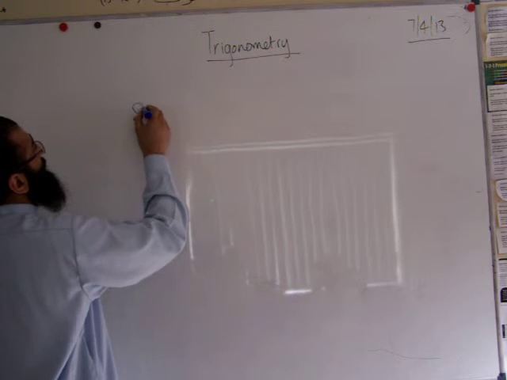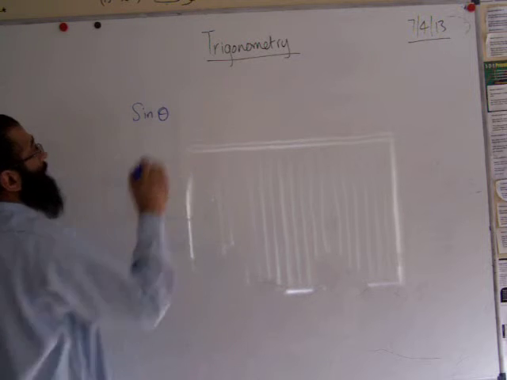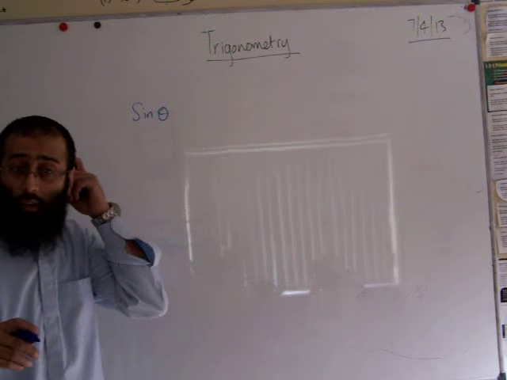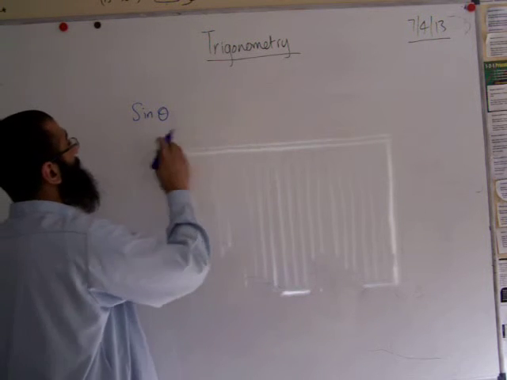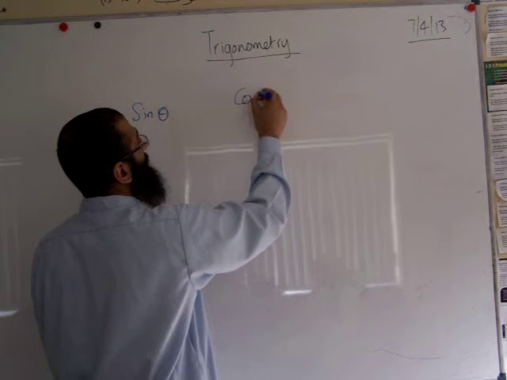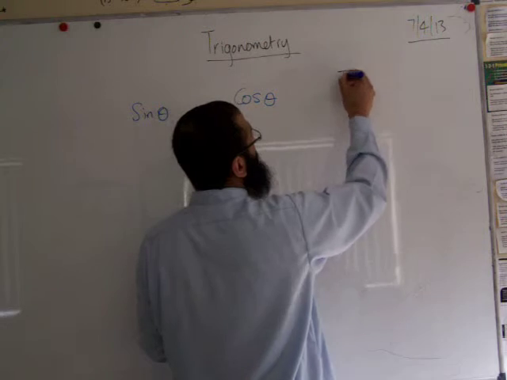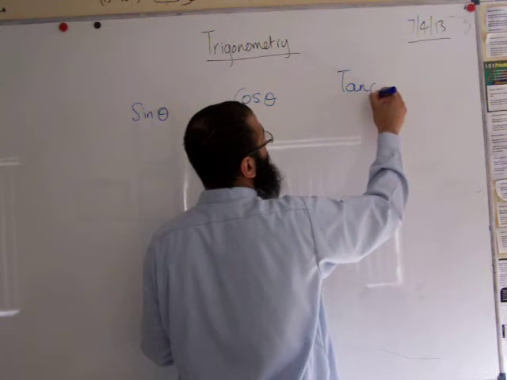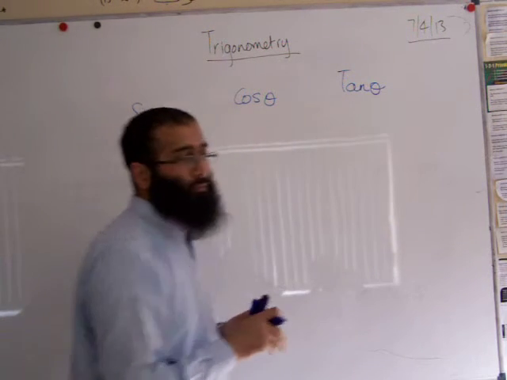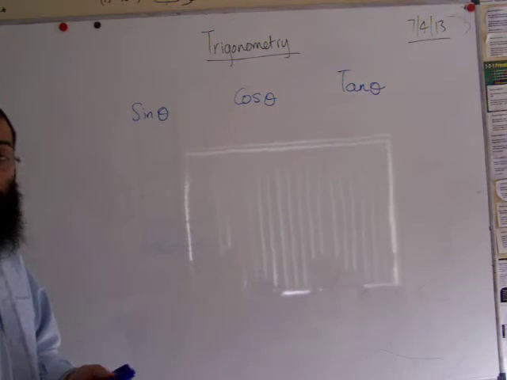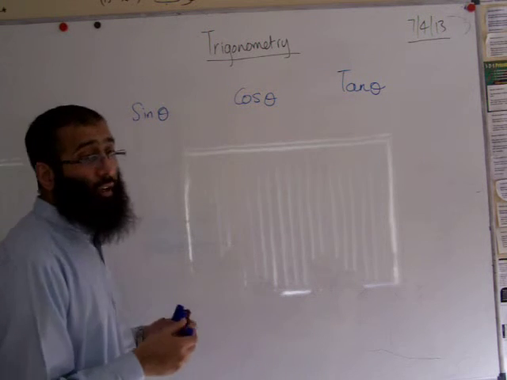Now, trigonometry is about three of these identities: sine, cos, and tan. Trigonometry is designed for right angle triangles only.